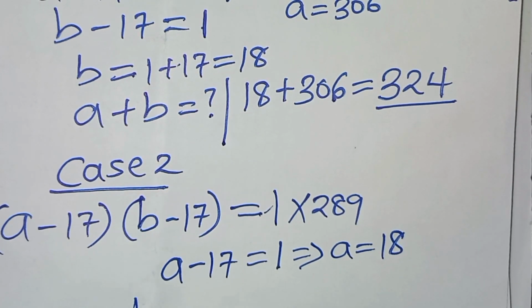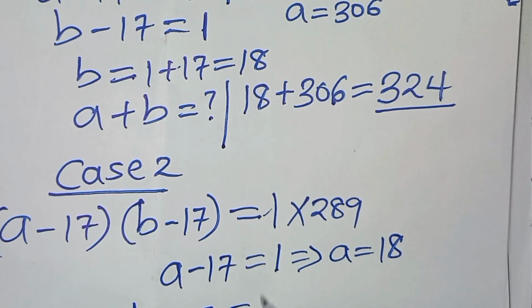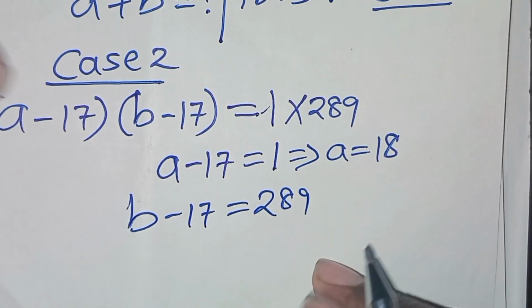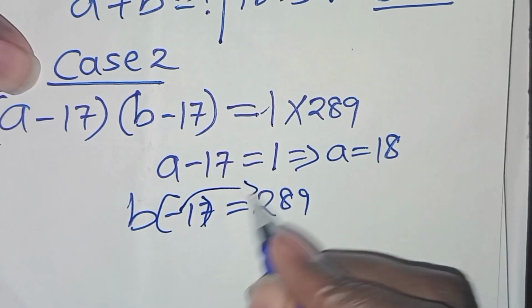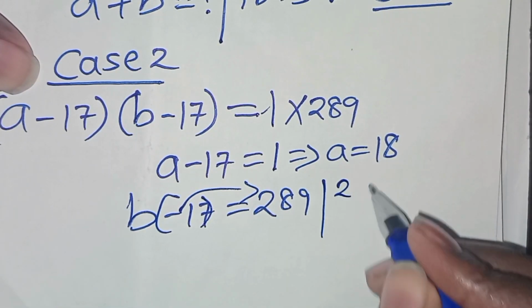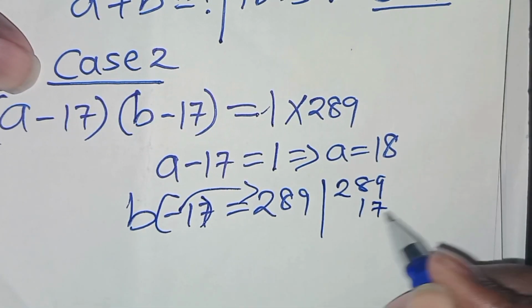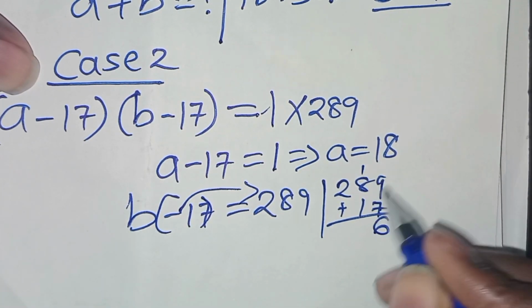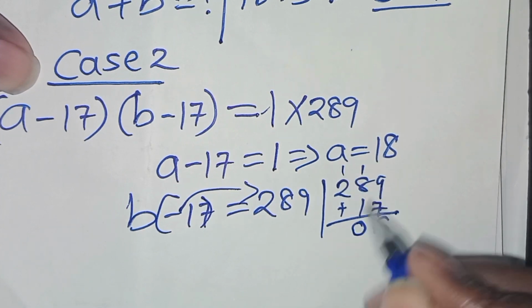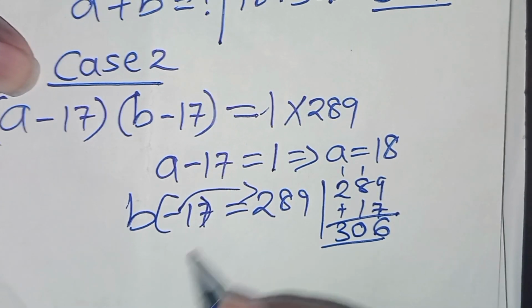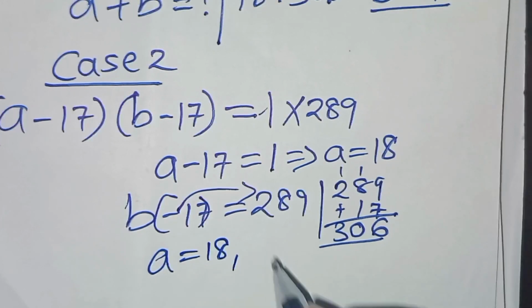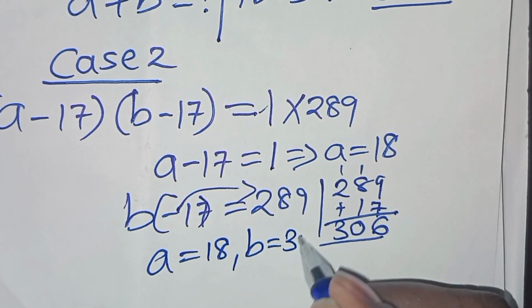And we have that b minus 17 is equal to 289. So that means that you take negative 17 to the right hand side, so we'll have 289 plus 17. 9 plus 7 is 16, carry 1. This is 306. So that means that a is equal to 18 and b is equal to 306.